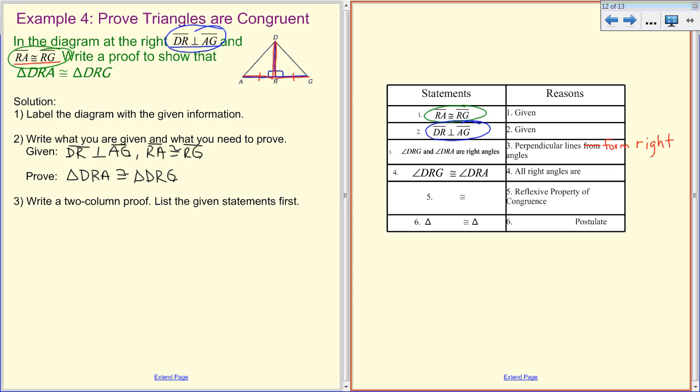I had to add that in there, but I concluded it from the fact that I had perpendicular lines. So then I'm going to say that angle DRG is congruent to DRA. So these two angles that I just listed as being right angles, I'm then going to list as congruent angles. Because remember, I have to be able to prove that I have congruent parts. Not just that they're the same right angles, but that they're congruent. So we have to make that statement. The reason I know that is because all right angles are congruent.